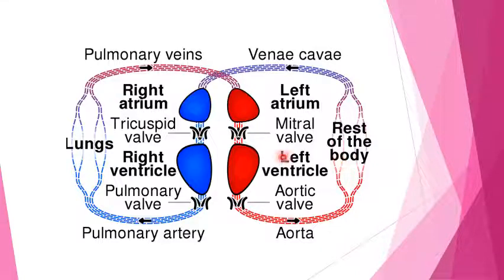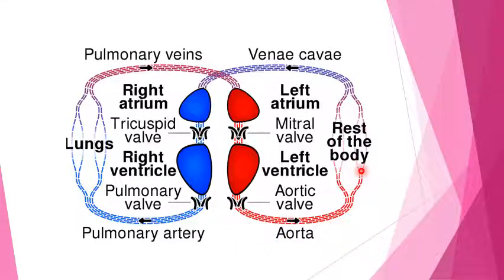So this deoxygenated blood travels twice to the heart, first on the right side and then with a different pathway to the left side, and then passes to the body.